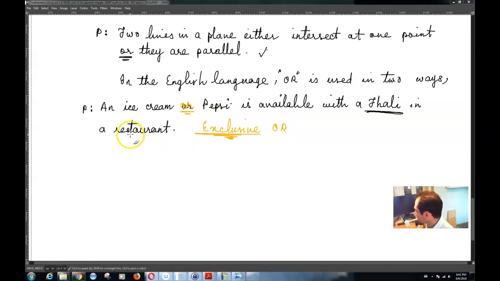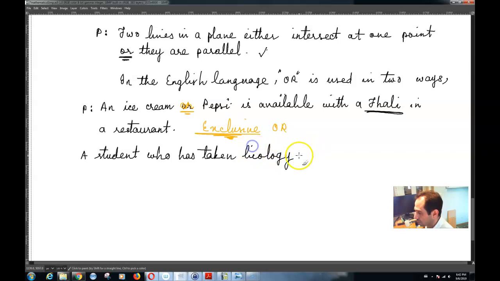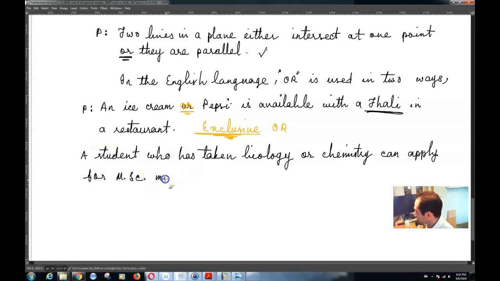A student who has taken biology or chemistry can apply for MSc, Master of Science, Microbiology Program.